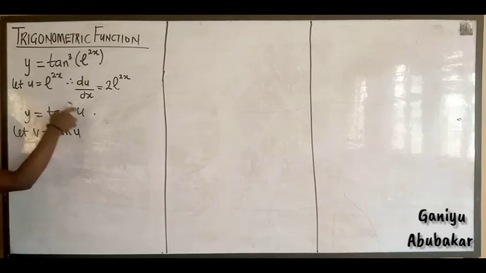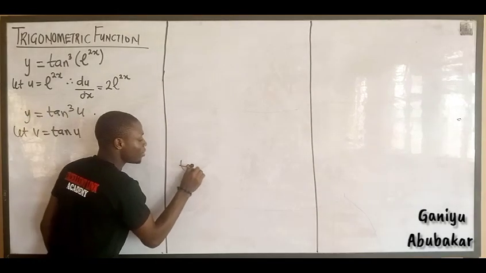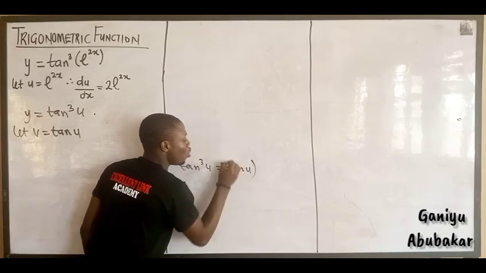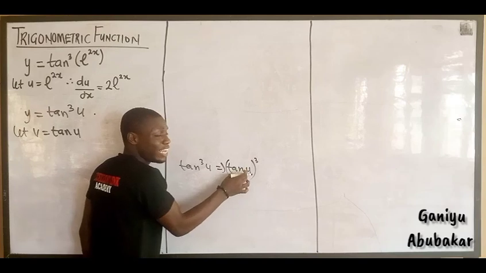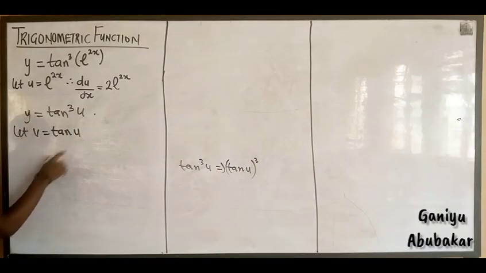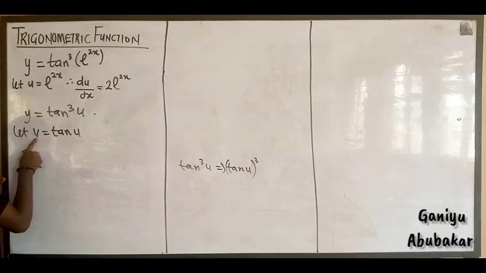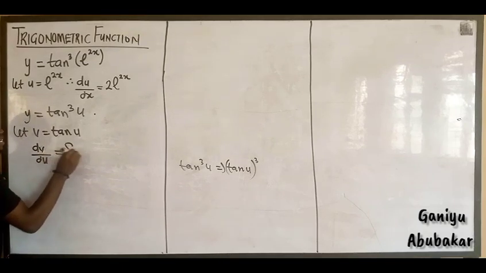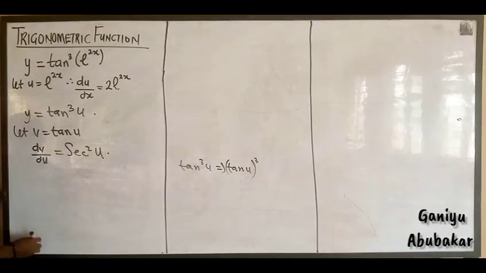I said tan cube u, which simply means tan u all cubed, this in 3 places. Now let v be one of it. If I differentiate v with respect to u, I have dv/du equal to, differentiating tan u, sec squared u.